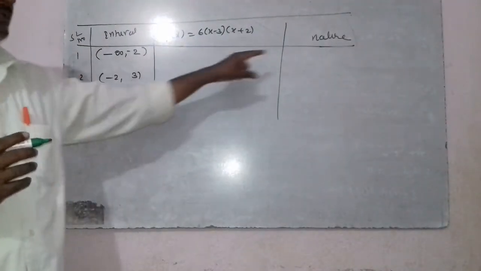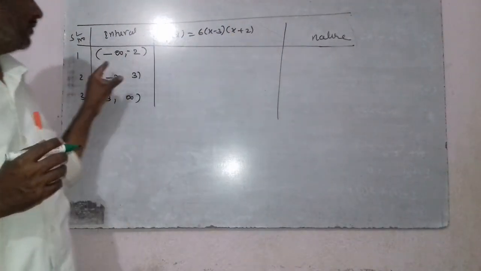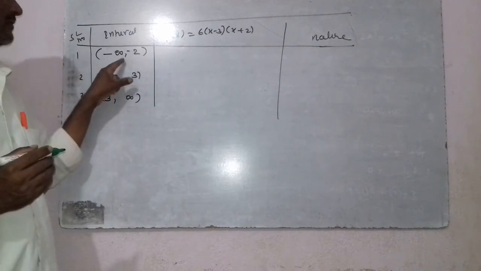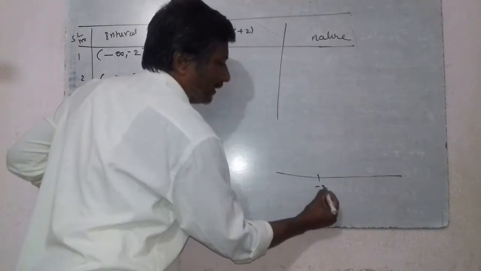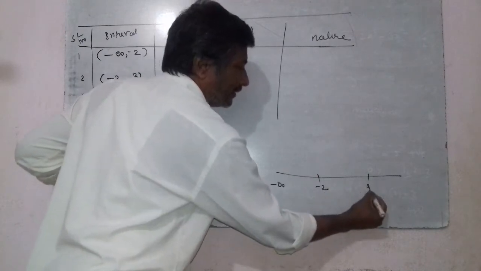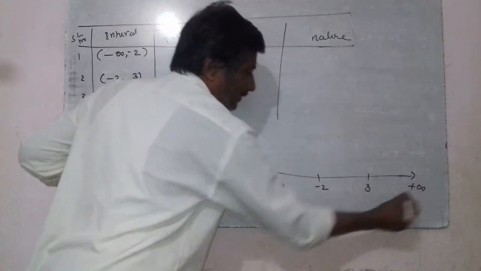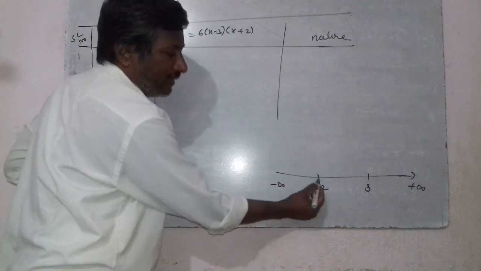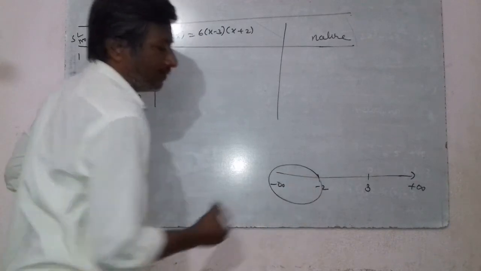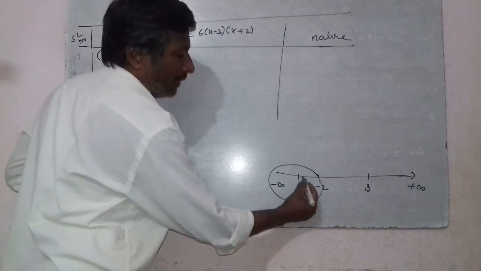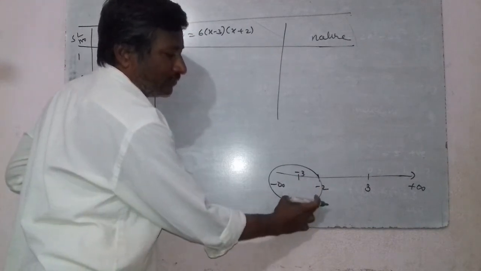We have to check the nature of the function within the interval minus infinity to minus 2. This is minus 2, this is 3, this is plus infinity. Consider any value that belongs to this interval, so I take minus 3. Minus 3 belongs to this one.